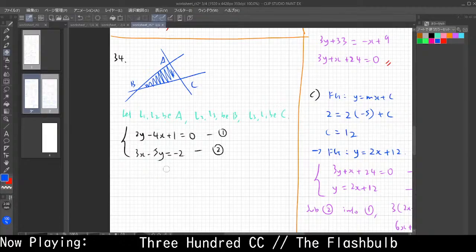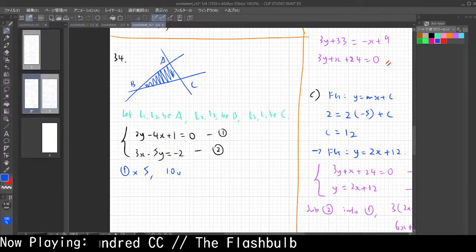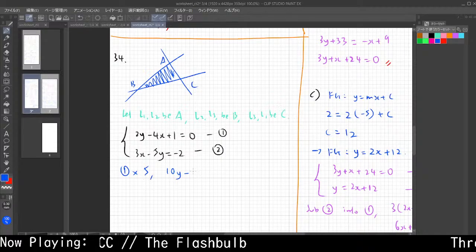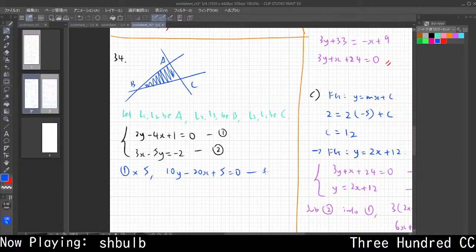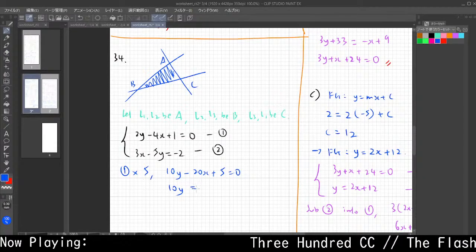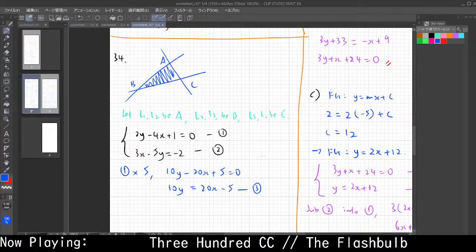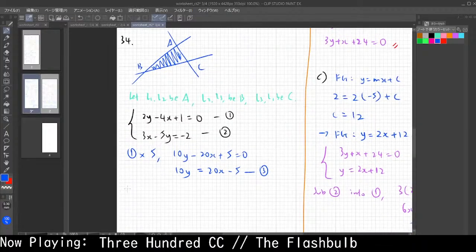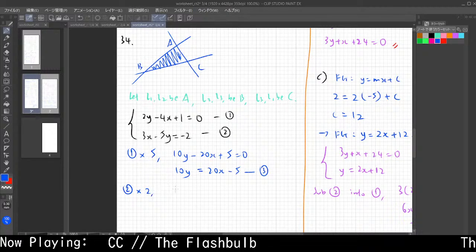Actually, I don't have to. I multiply by 5 so that I make y the same, and then I rearrange it. I also make y the same on the other, so I multiply by 2.